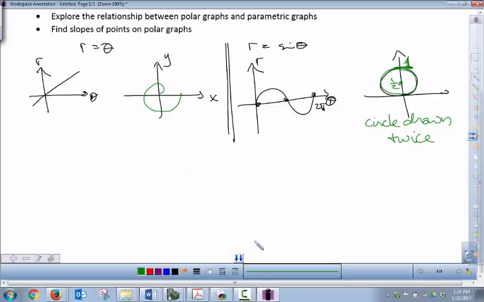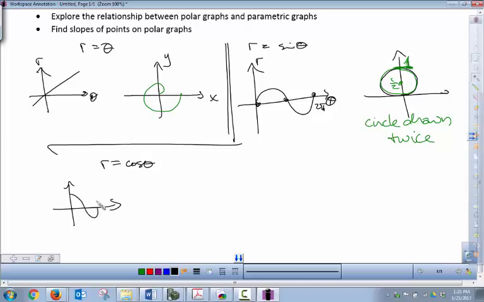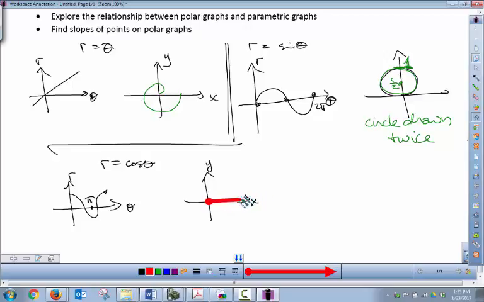Let's think about the cosine function without doing it on your graphing calculators. When theta is equal to 0, this is my drawing stick right here.